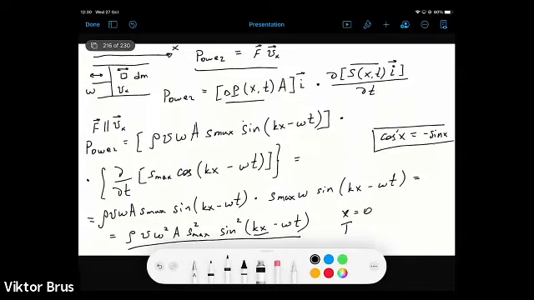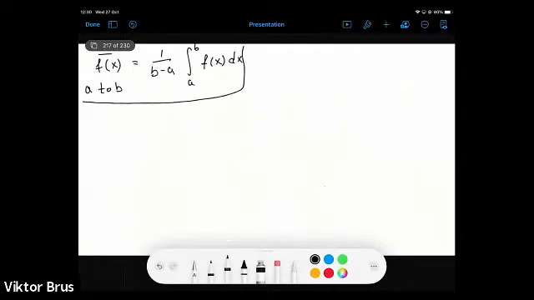So let us rewrite this equation on a new slide, taking into account that x is equal to 0. That will be kind of a starting point.